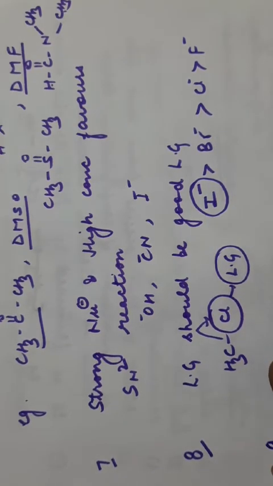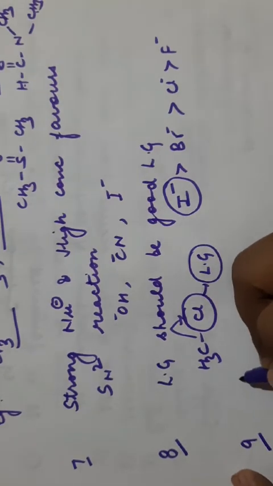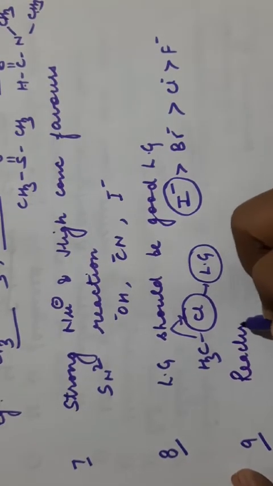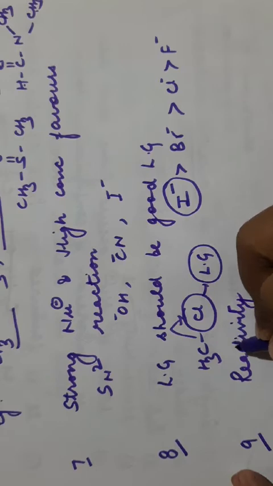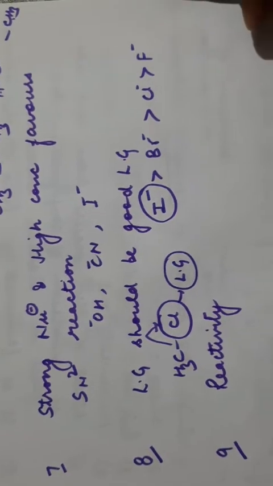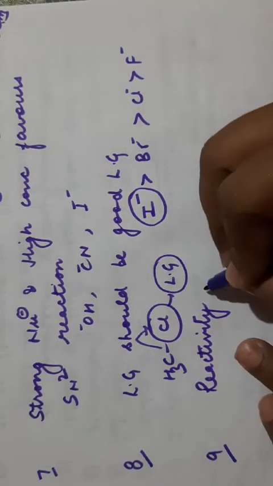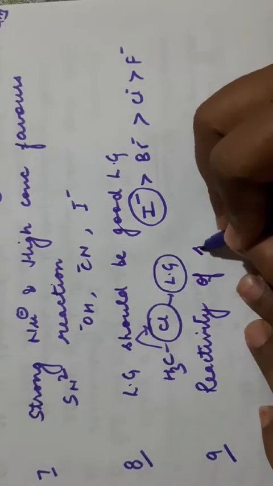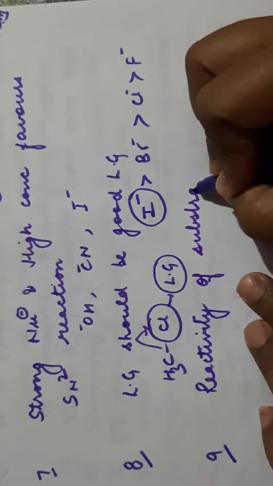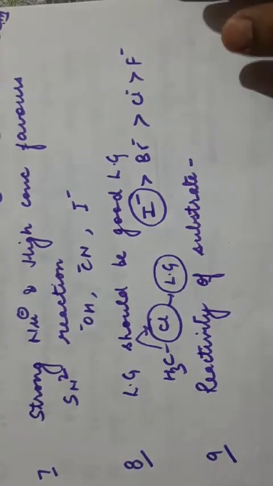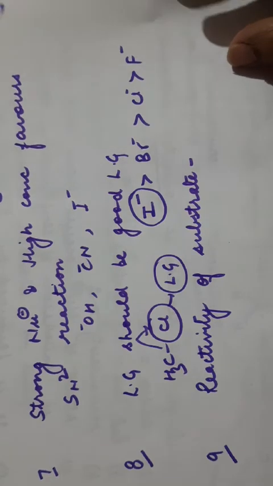So the next point is the reactivity of the substrate, which is the main point, and which you have to look at whenever you have to decide whether the reaction will be SN2 or SN1. First you have to look at the substrate. The reactivity of the substrate here will depend upon lower steric hindrance.